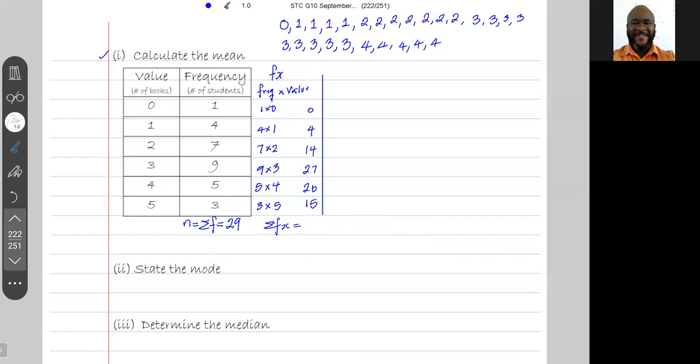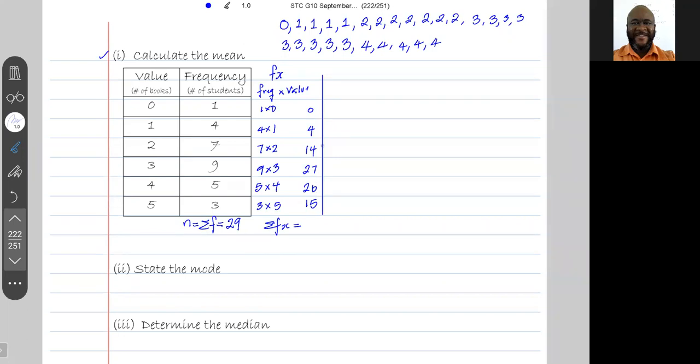And this is going to be 29, 59, sorry, 49, 49, 50, and 40. This got 90 something.